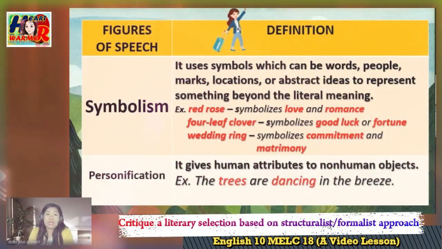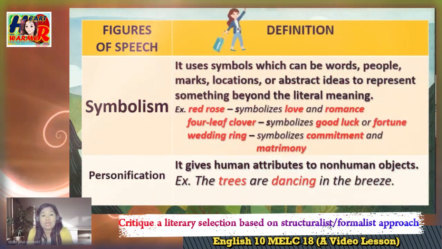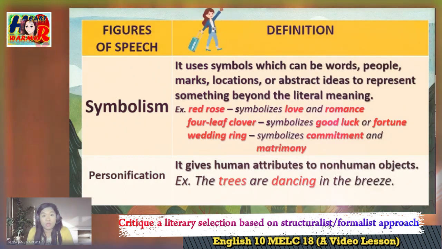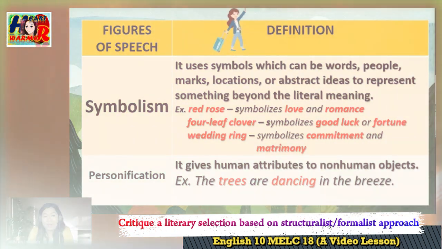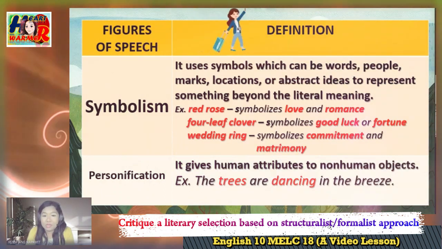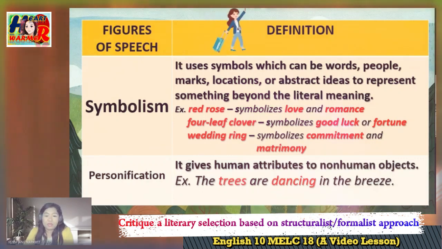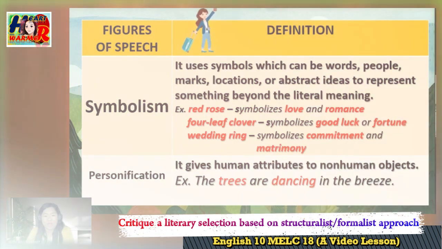So the idea of dancing is a quality or a certain skill that persons usually have. And the trees are not persons, yet dancing is attributed to it. So that's why we could say that this is personification.